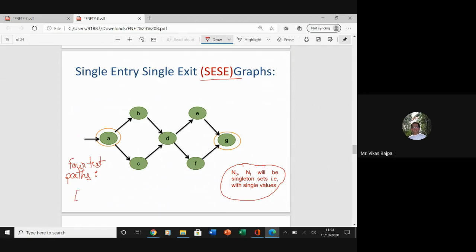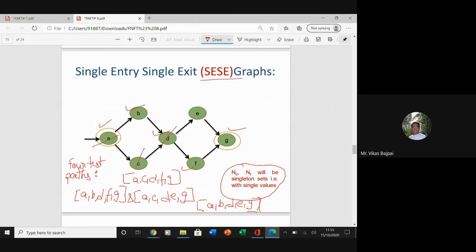One is A, B, D, F, G. Another one I can see is A, C, D, E, G. Another one is A, B, D, E, G. And the last one is A, C, D, F, G. The first one was AB, then AC, because the graph is made in a way that I can see 2 combinations existing from here, 2 combinations existing from here.